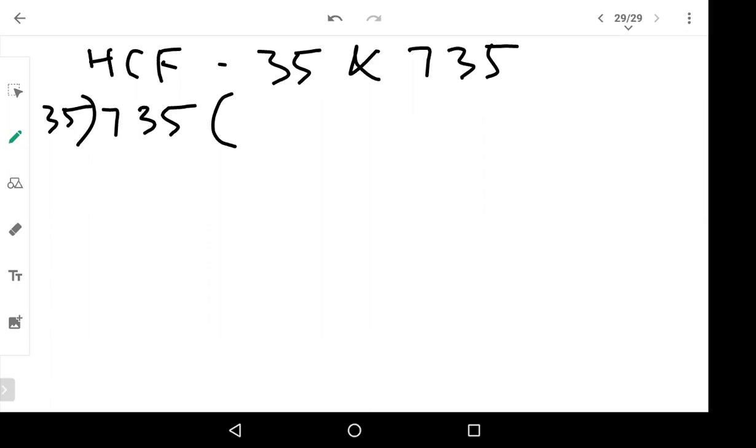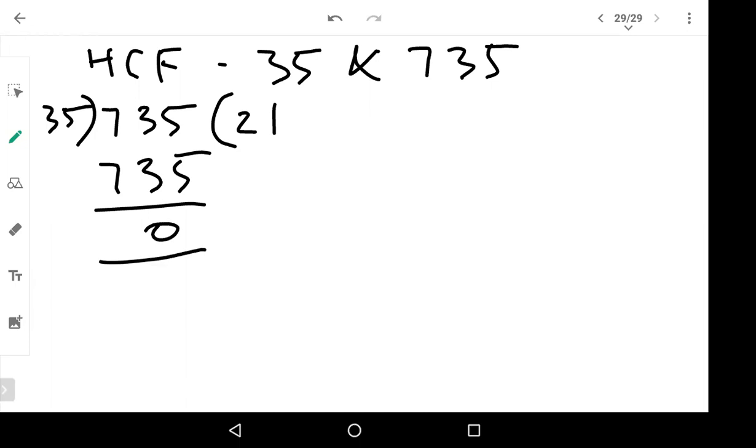Okay, so 735 by 35, it will go in 21 directly. Yeah, 35 into 21 is 735, where your remainder is 0. Good. So quotient is 21.